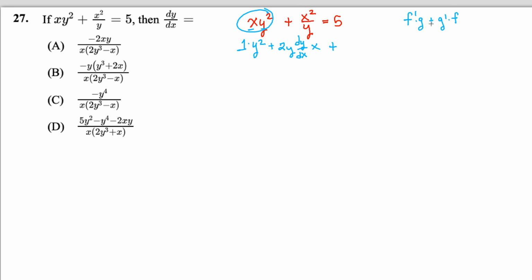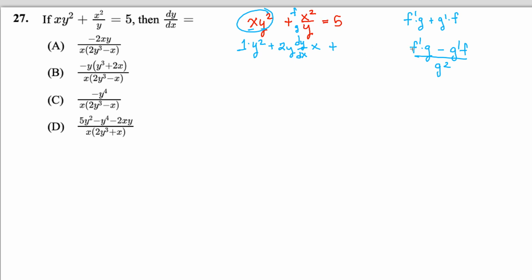Now here, the quotient rule is f prime times g minus g prime times f, over g squared, where now x squared takes the role of f and y takes the role of g on the bottom. So now let's use this fact.